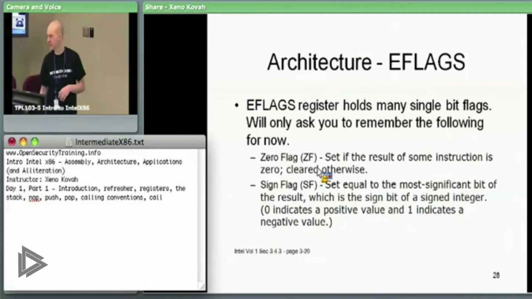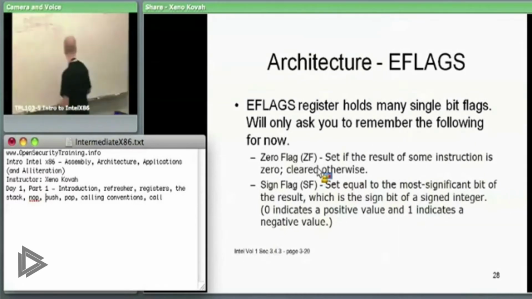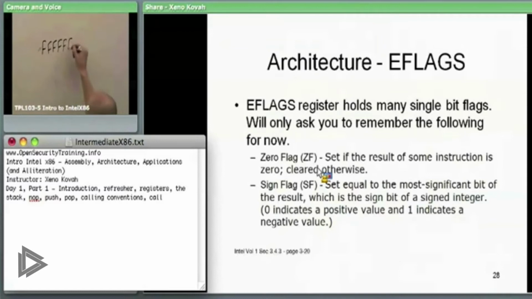So going back to our numbers over here, Bill, back at the board. So we said before, like, FFFFFFFF equals -1, right? And then we said, that through 80000000, whatever that is. I don't know what that is off the top of my head.